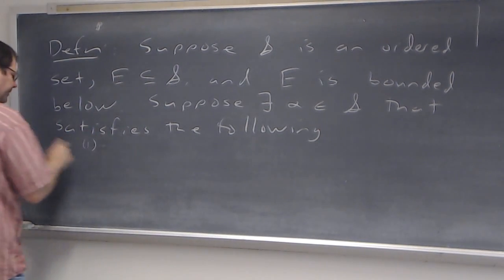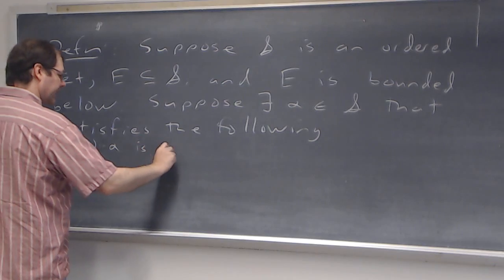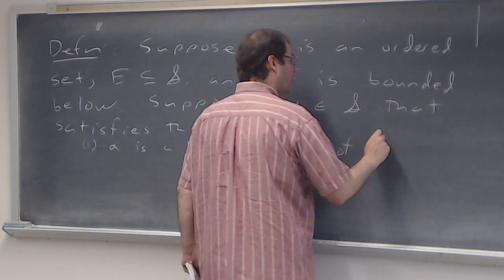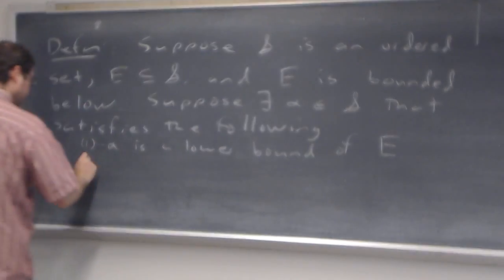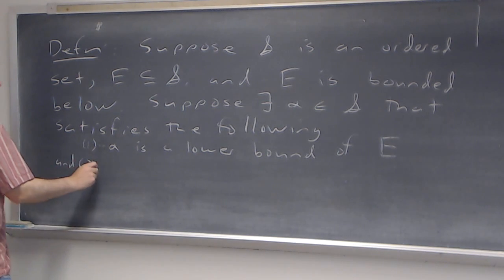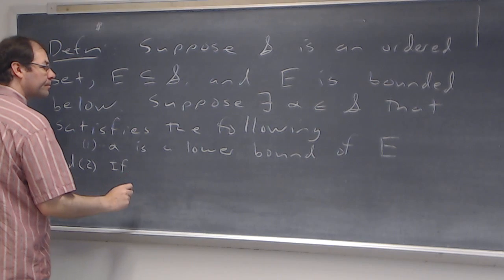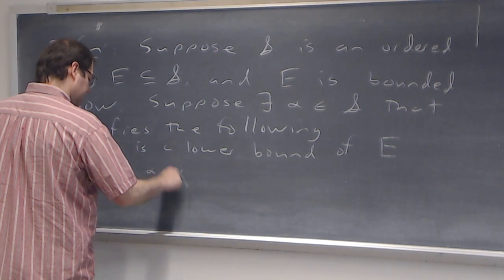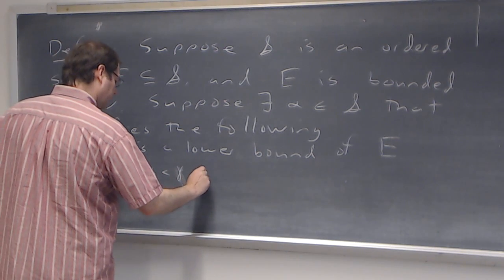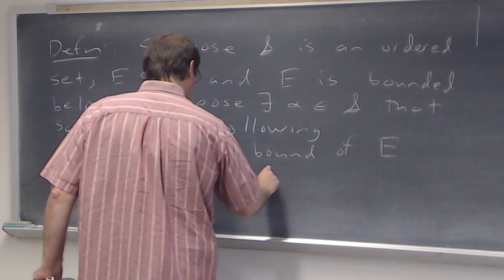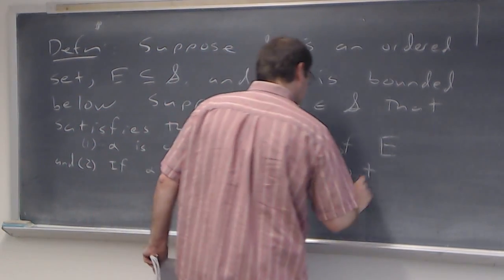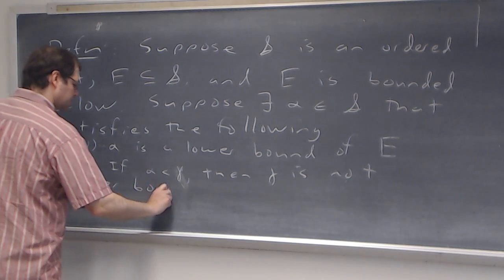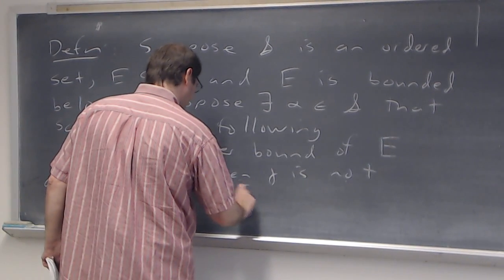The first thing it needs to satisfy is that alpha is a lower bound of E. And 2, if alpha is less than gamma, then gamma is not a lower bound of E.